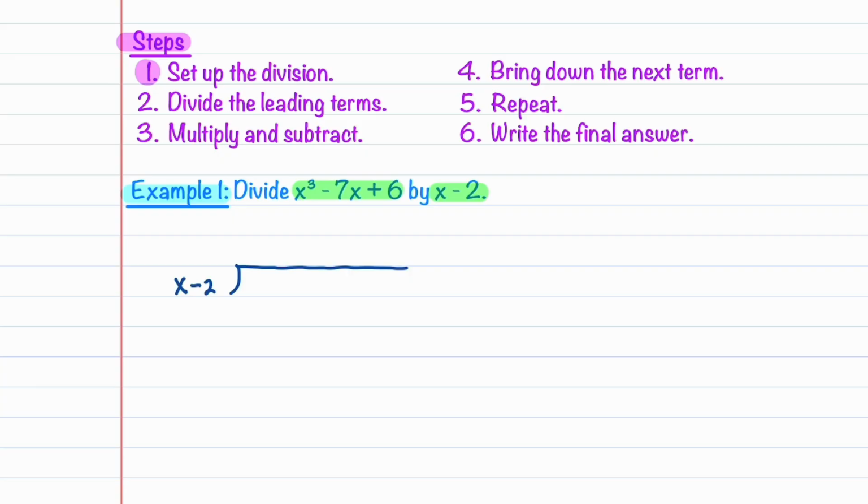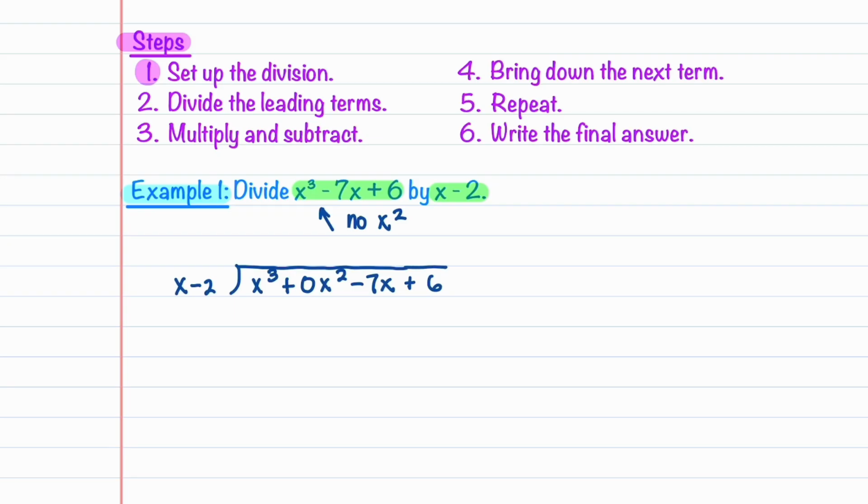Before we write this down, I want you to notice that we have no x squared term here. So because of that, we want to write down 0 times x squared when we write this down. So we'll write down x cubed plus 0x squared minus 7x plus 6.